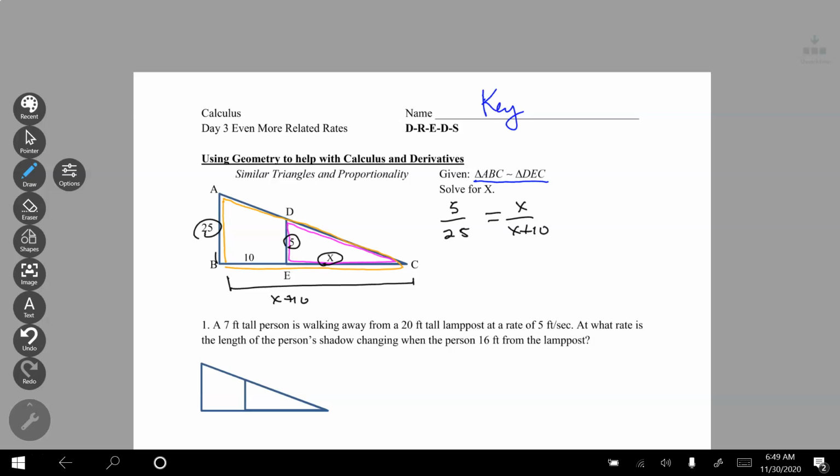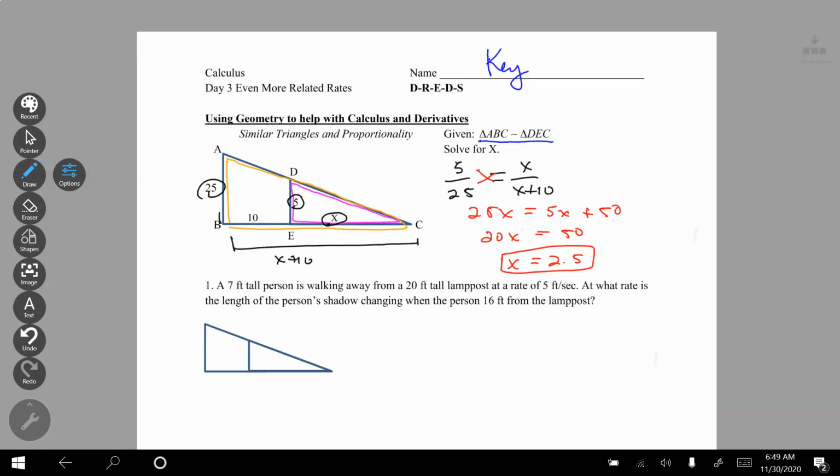Okay, that's setting up my proportionality. I can crisscross here. I get 25x is equal to 5x plus 50. 20x equals 50. x equals 2.5. Okay, that's using proportional triangles to figure out what's going on.